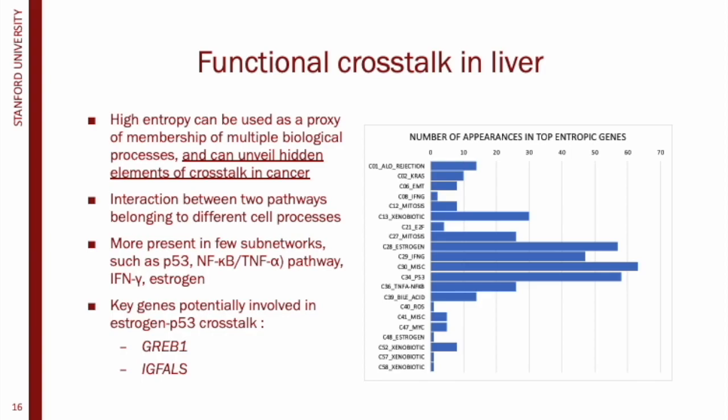First gene is an estrogen-regulated gene expressed in ER-alpha positive breast cancer and is known to promote cell proliferation. Previous studies show its involvement in p53 through phosphorylation of HPIP. The second is a protein that is capable of both forming a complex with a well-known p53 target and of regulating estrogen receptors. We also found other elements of crosstalk between important pathways such as p53 and NF-kappa B TNF-alpha.